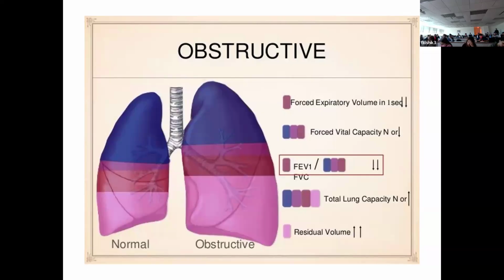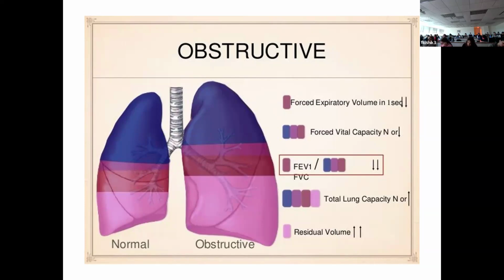Because it's air trapping, I want you to think COPD, obstructive. Residual volume is going to be higher. They're going to have larger lungs, stretched out more. And when I say air trapping, I'm not saying oxygen trapping. That air is going to contain what? CO2. They're going to have high amounts of CO2 all the time.